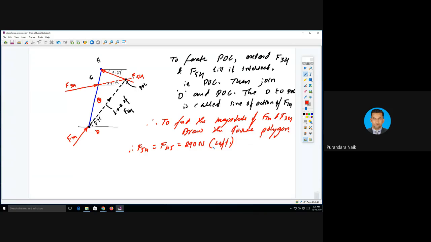Now tell me the angle of this line of action of 1,4. Can anyone tell me the angle of this one? Beta. 67 degree. Now we can draw the force polygon, because we know the angles of F34 and F14, and we know the direction and magnitude of F54.